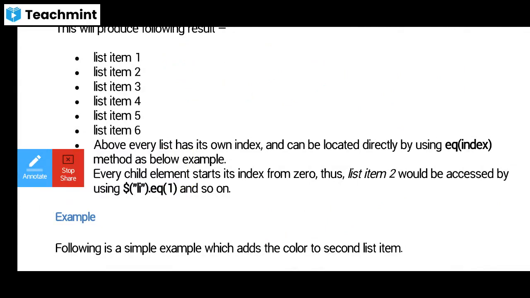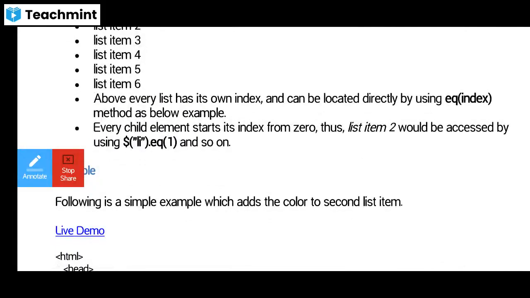In this equivalence method, we have a dollar sign, which mentions the jQuery process, and we have a list, li in inverted commas, equal to 1, and so on.